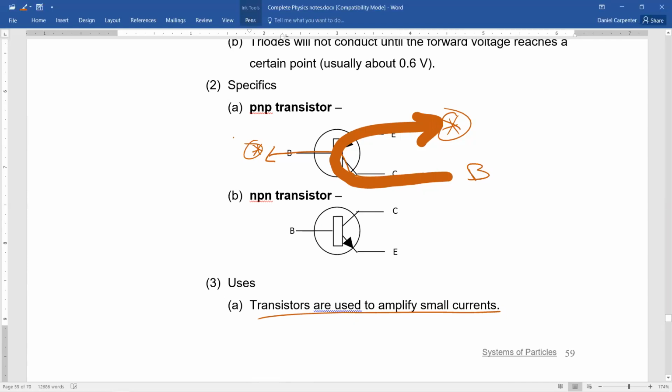But the deal is, when we have a small current through the base, we can get a large current through the emitter. So they're used to amplify small signals.